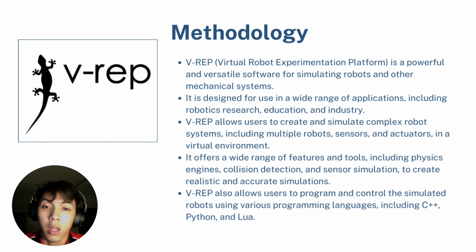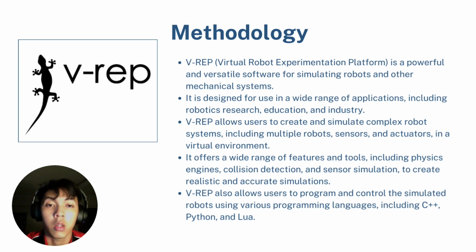In the methodology, in this project, we'll be using the VREP software. VREP is a virtual robot experimentation platform. It's a powerful and versatile software for simulating robots and other mechanical systems. It is designed for use in a wide range of applications, including robotic research, education, and industry.